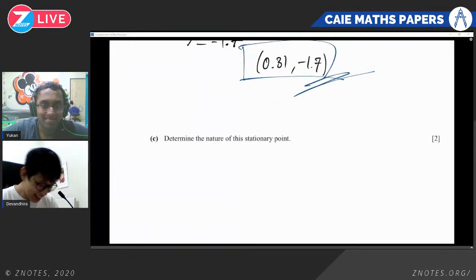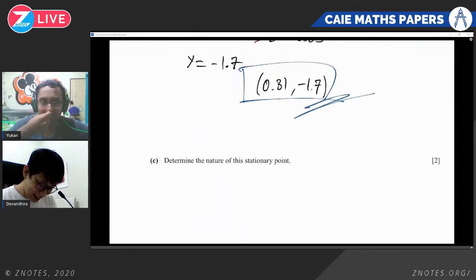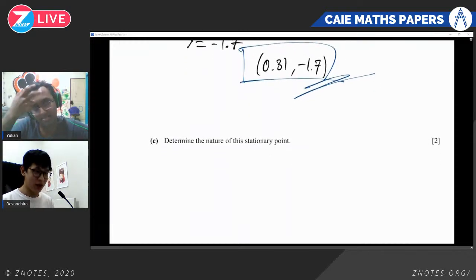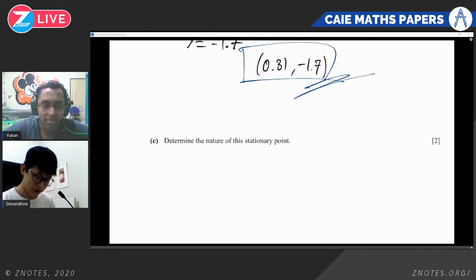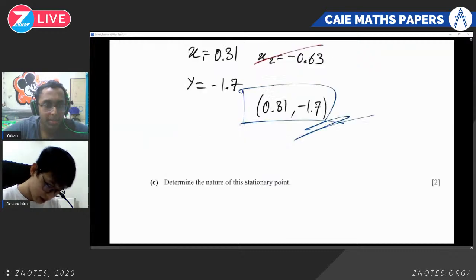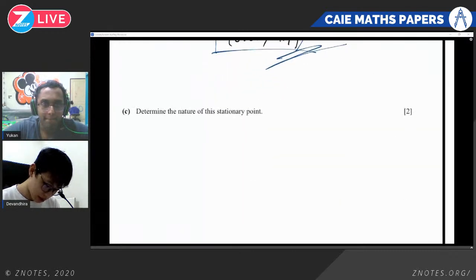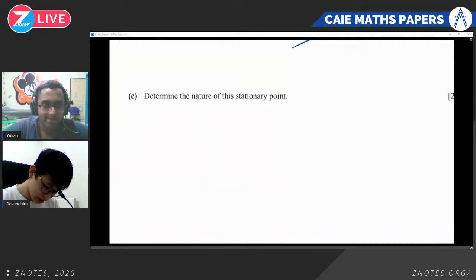All right, so determine the nature of the stationary point. What does it mean when you're trying to look for the nature? You're trying to find out if it's a minimum or maximum point. When it's a minimum it'll look like this, and a maximum looks like this, correct?